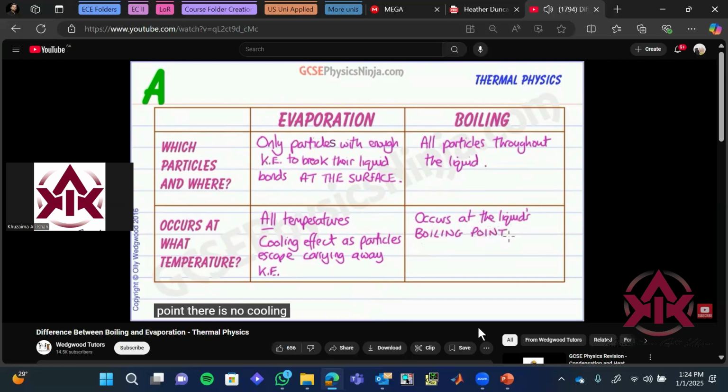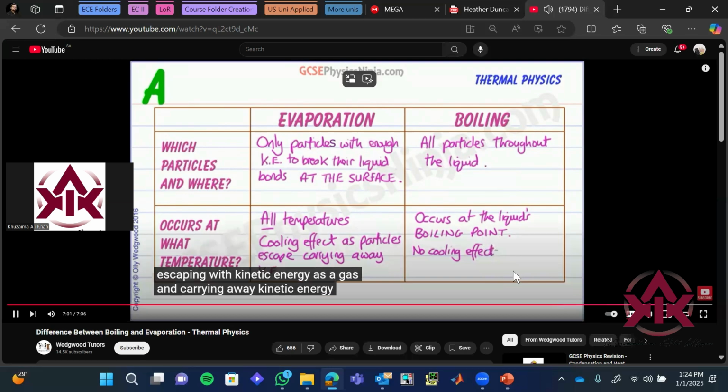There is no cooling effect. We're continuing to add thermal energy, in the case of a kettle, boiling water, and so although particles are escaping with kinetic energy as a gas and carrying away kinetic energy.